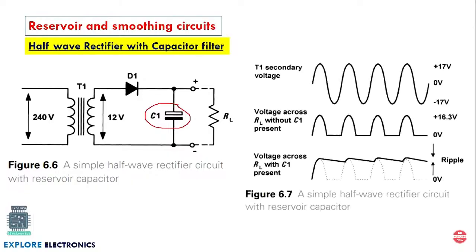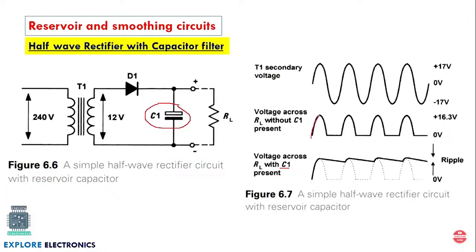You can observe here the T1 secondary voltage is this, peak to peak it is plus 17 and minus 17, and the voltage across RL without C1, without connecting this capacitor, will be this output. And by connecting C1, what happens? This capacitor is charged initially, up to here.